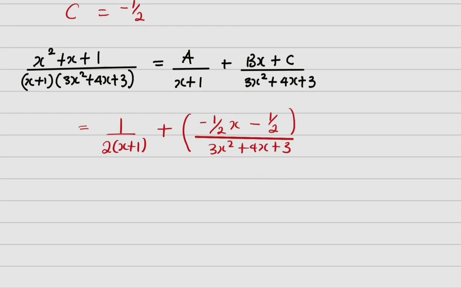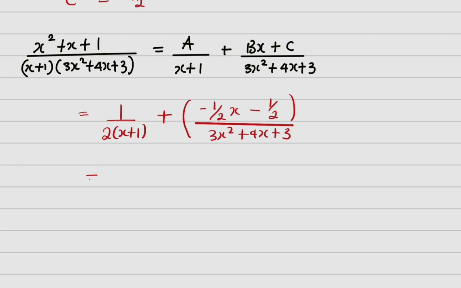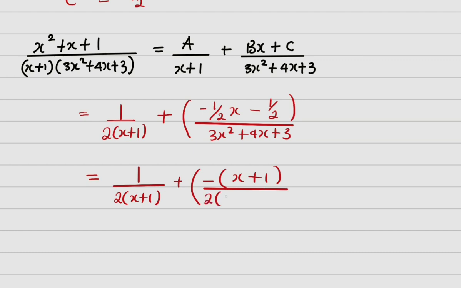Okay, I decided to expand it this way so that I can actually show you what is really happening. Anyway, just take note of this. All right, this is the answer now. This is going to be 2 into x plus 1. Then you see these two minus, they can come outside so that I have plus into, then I have minus, okay, then I'm going to have x plus 1, then all over 2 into 3x squared plus 4x plus 3.